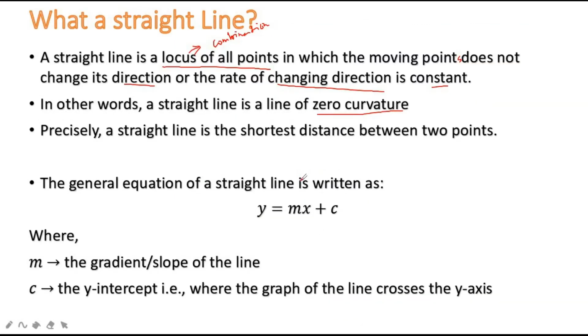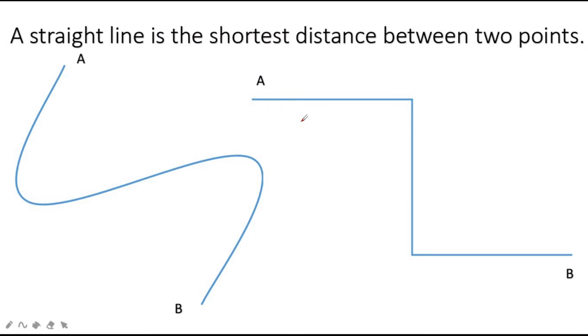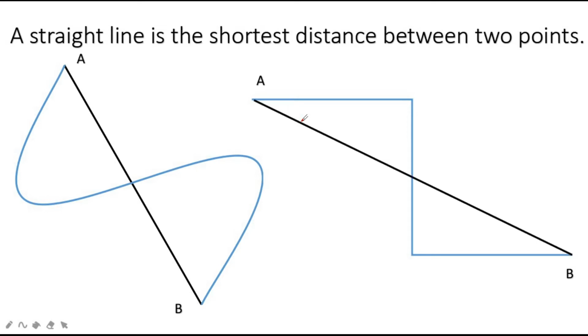Now, we can also say that a straight line is the shortest distance between 2 points. In the first case, the straight line is the shortest distance between point A and point B. Similarly, in the second case, the straight line is the shortest distance between point A and point B.